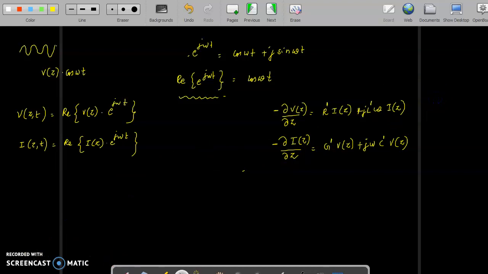Here we can see that the I of z term is common, so equation number 1 can be written as r dash plus j omega L dash times I of z.